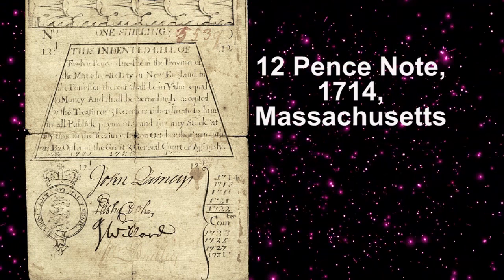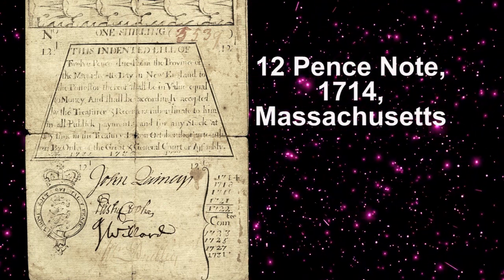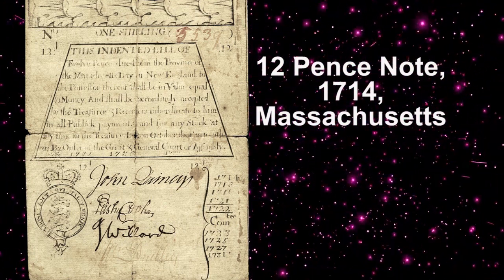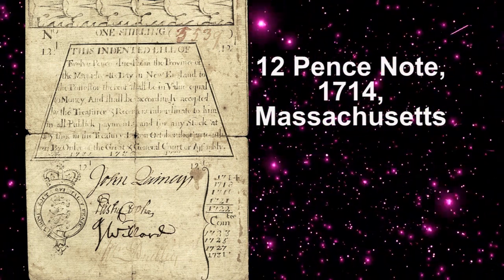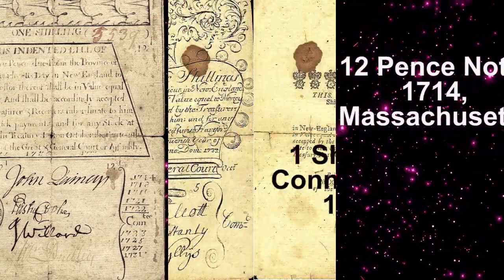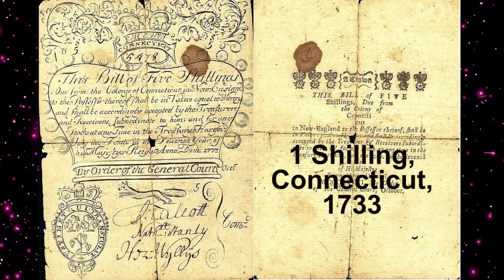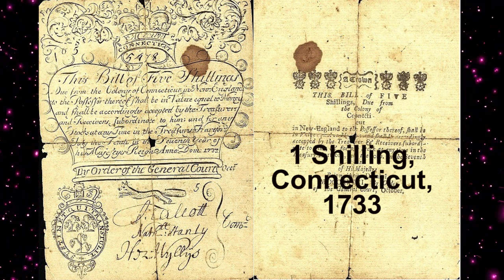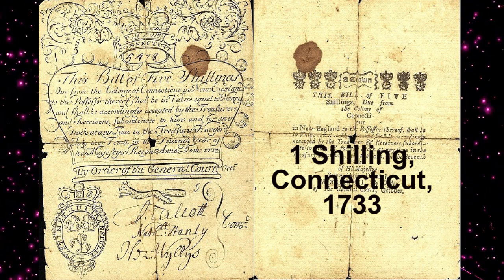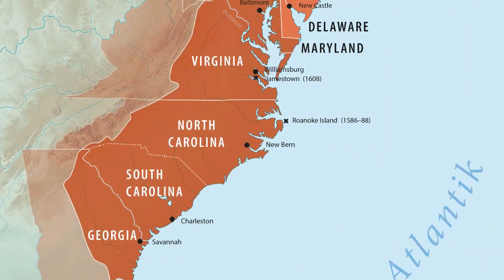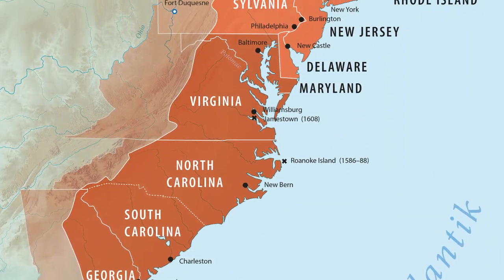The attempt was fairly successful, and in 1709, Massachusetts issued a second round of notes, followed by all the colonies except North Carolina. The results were the same everywhere: excessive issuance, delays and deferrals in redemption, devaluation, and, in most cases, a refusal to redeem.